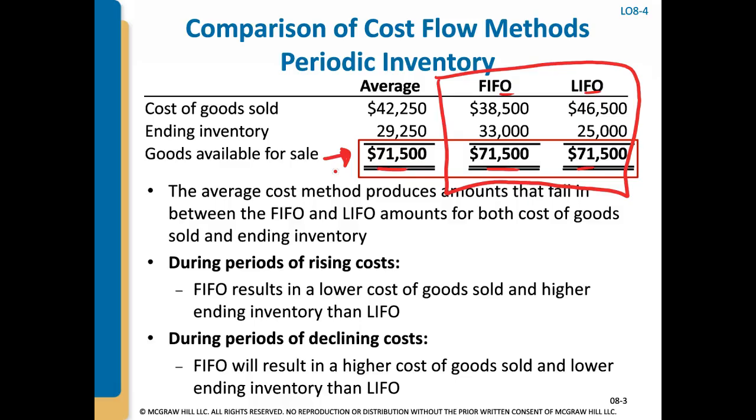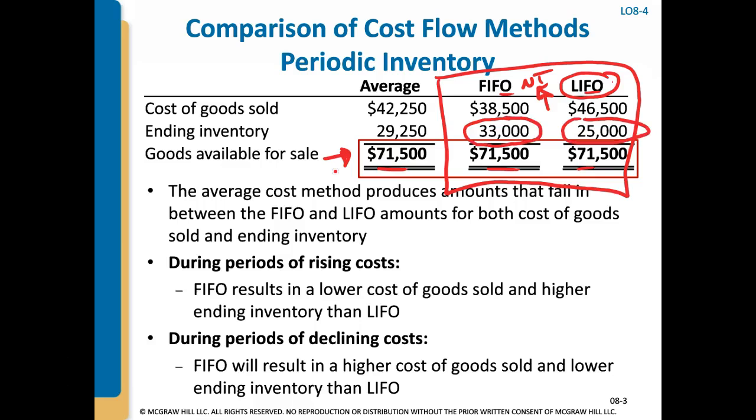And the way we allocate that number between ending inventory and cost of goods sold is different depending on which inventory method we choose. But focusing on FIFO versus LIFO, you see their cost of goods sold is lower under FIFO, right? Which means your net income will be higher under FIFO than LIFO. And under FIFO, the inventory balance is higher versus LIFO, right?